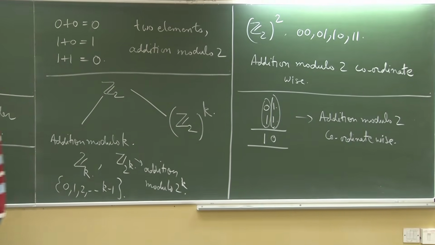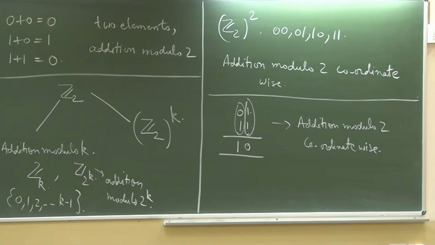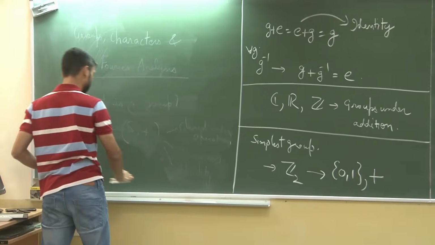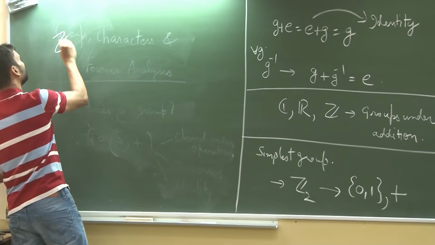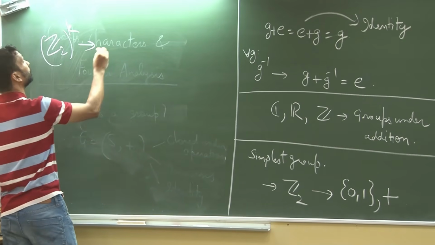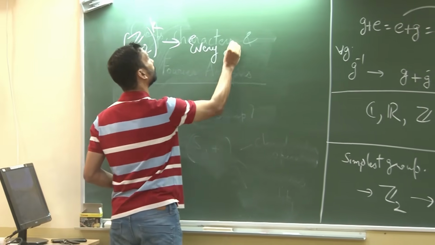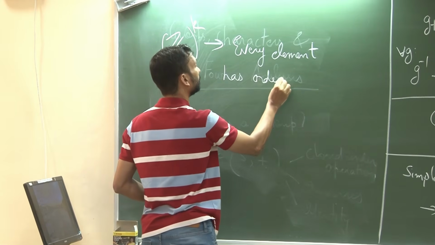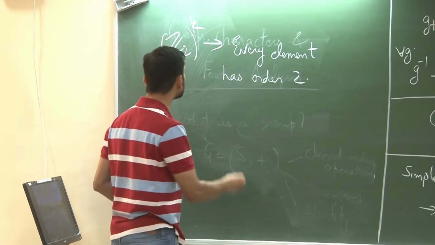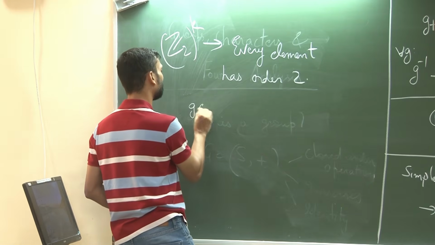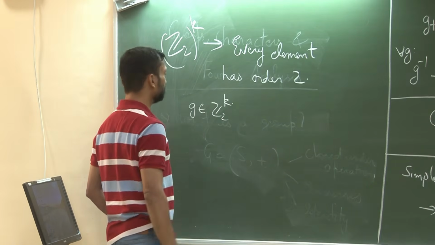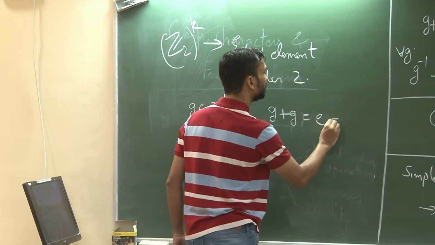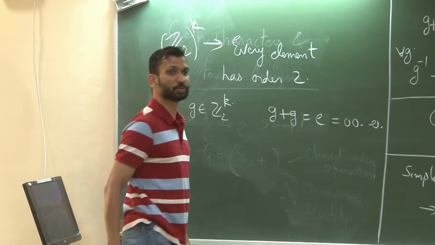And a very easy way to remember the difference between these two groups is by remembering that in this group, every element has order 2. What it means is that if g is in Z2 to the power k, then g plus g is equal to the identity, which we denote by 0, 0, 0, 0.